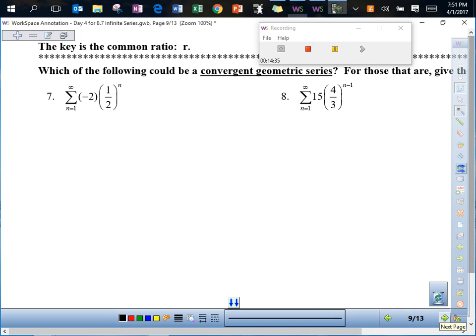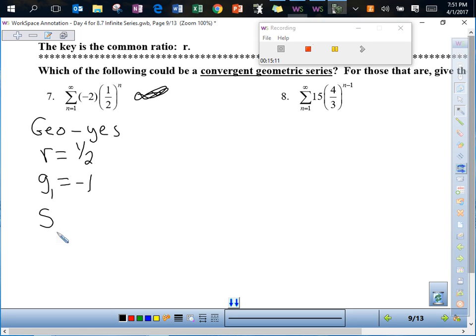On my number 7, I got to ask myself, is it geometric? The answer is yes. How do I know that? I'm not adding or subtracting out here, and I've got a parenthesis to a power. So in this case, my R value is 1/2. Now let's go get G sub 1. So plug in a 1. 1/2 to the first is 1/2 times -2 is -1.